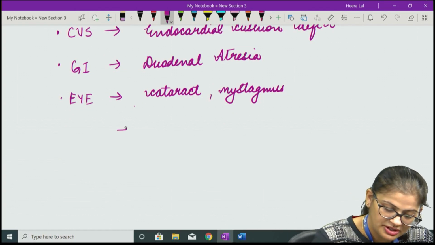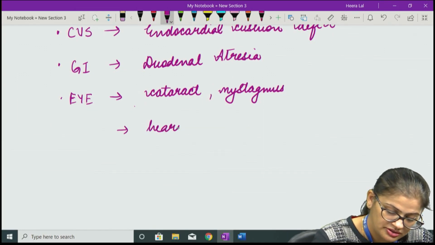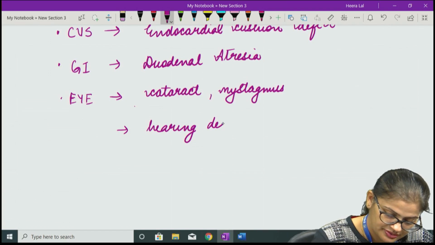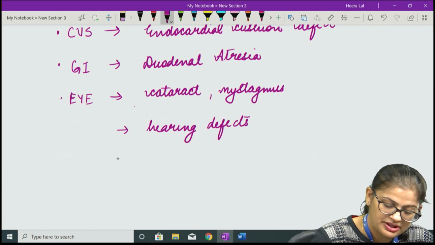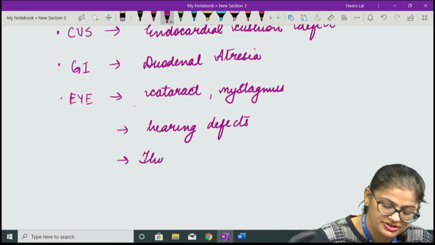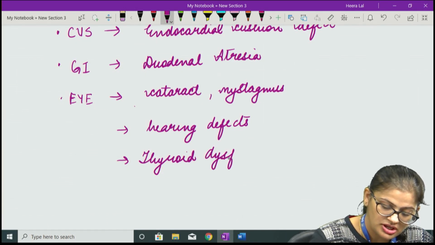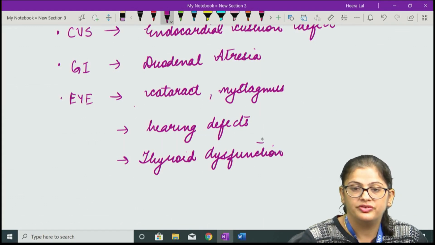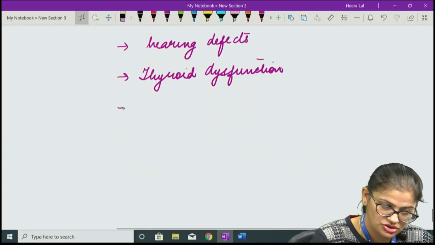There can also be hearing defects. There can be thyroid dysfunction; often these children have hypothyroidism as well. And there can be evidence of atlantoaxial dislocation.